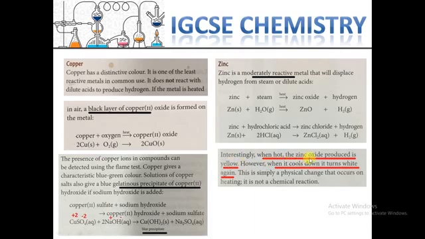If zinc oxide is produced in a hot environment, then the product zinc oxide will show a yellow color. But if the environment is cool enough, then it turns to white zinc oxide. That means the product is related to the physical condition, temperature, and this part gives you lots of reactions.